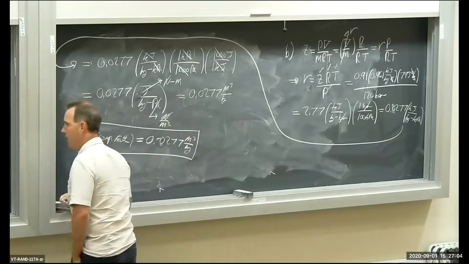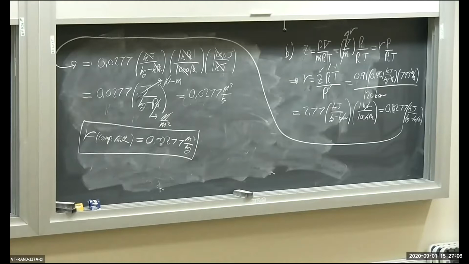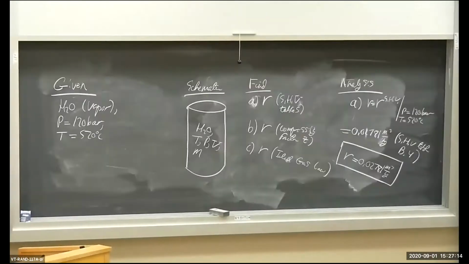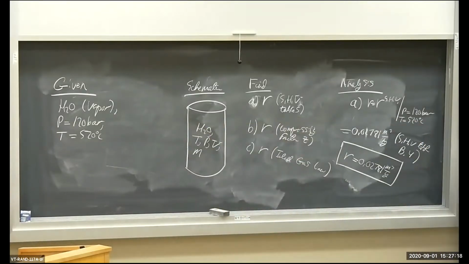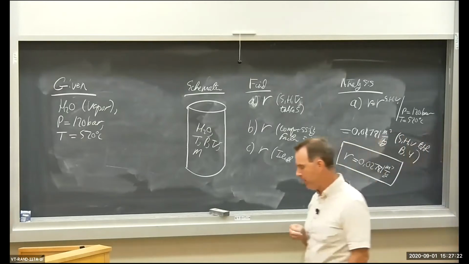Okay? Now let's compare what we got using the tables. Using superheated vapor tables, we got 0.0278 cubic meters per kilogram.